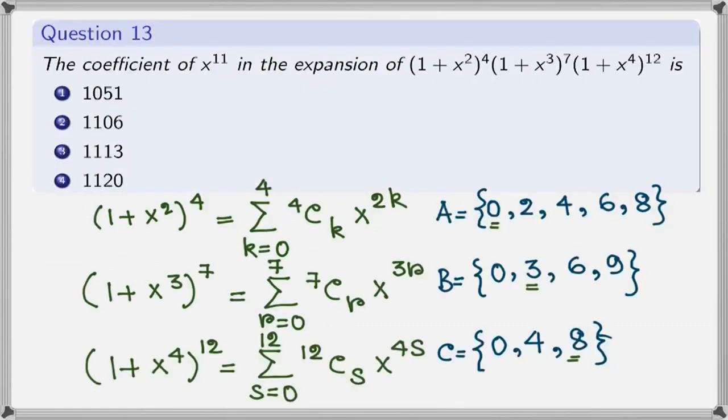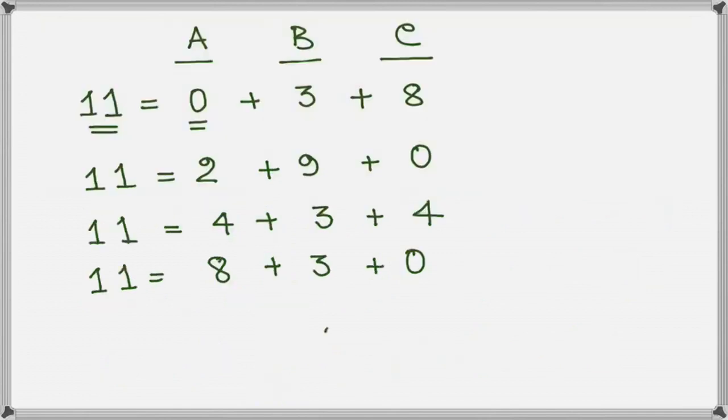We can then note that there are no more possibilities left. So we have only 4 possibilities of writing 11 as a sum of 3 integers, each one coming from the set A, B and C respectively.